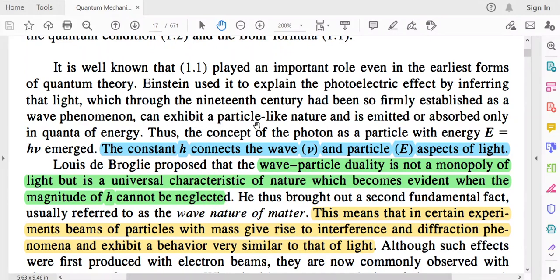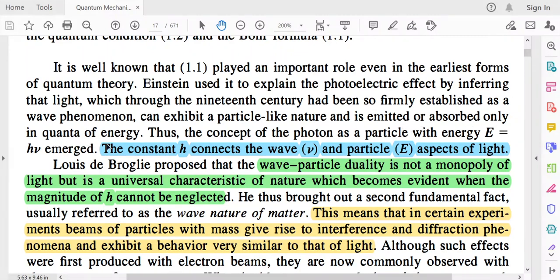Light can exhibit a particle-like nature and is emitted or absorbed only in quanta of energy. So, although it was believed that light has wave-like properties, through Einstein's photoelectric effect it was established that light can also exhibit a particle-like nature and is emitted or absorbed only in quanta of energy.